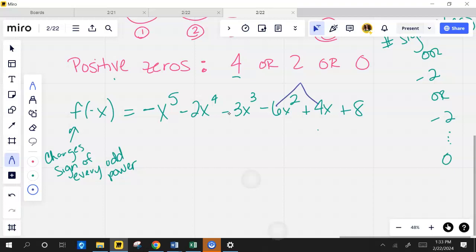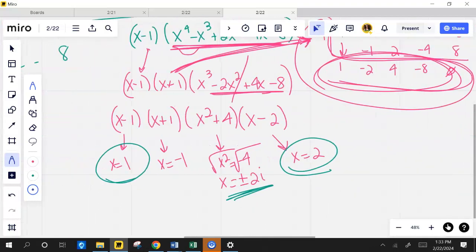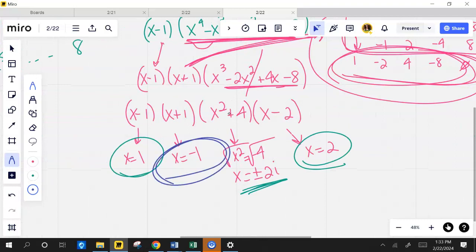One. I can't say negative 2 because I'm already as low as I can go. It should have exactly 1 negative solution. Does it? Look, there's 1 negative solution.